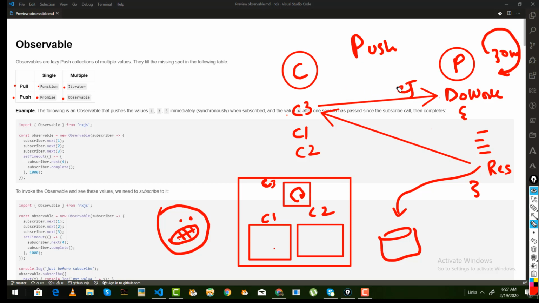He said, instead of passing us two functions, pass us three functions. So what three functions? Pass us next, complete, and error. They asked, what's next? He said, it's quite easy. Instead of calling resolve over here, we'll call complete over here.